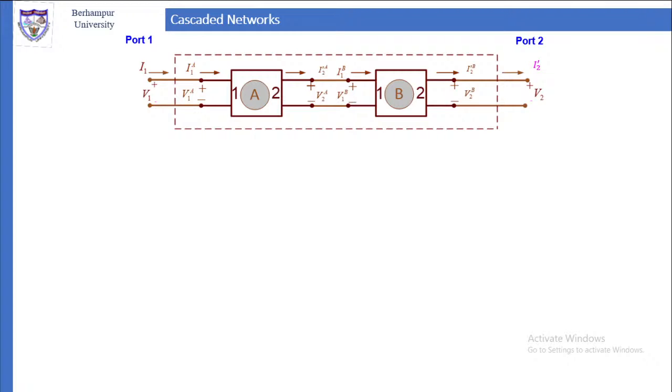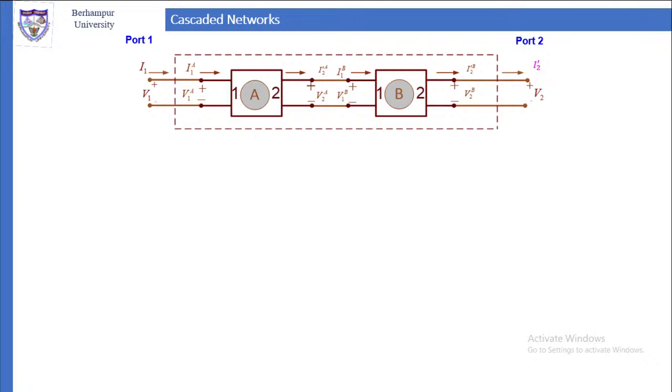For this network A, at the input port, port 1, the voltage is V1A, the current entering it is I1A. Current leaving port 2 of network A is I2A, and the voltage across port 2 is V2A.